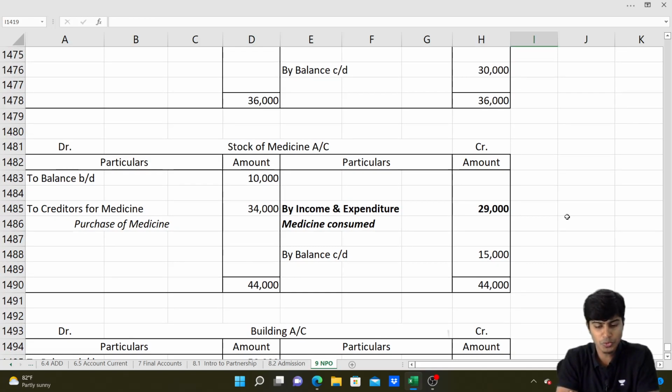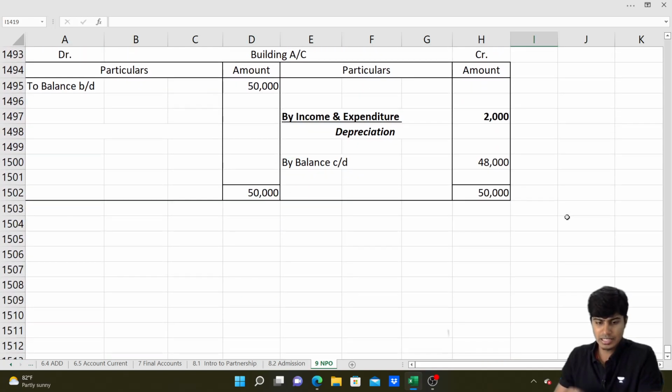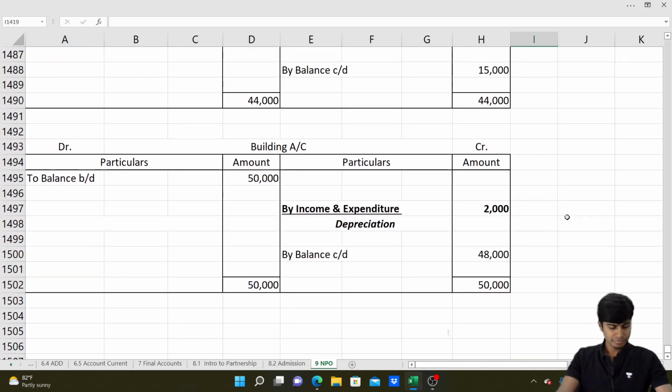Stock of medicine account for you. There you go. Lastly, our building account.